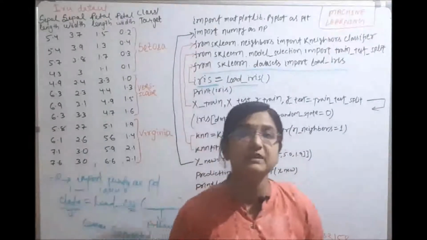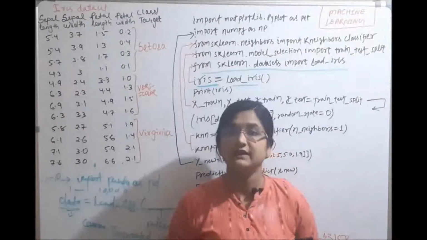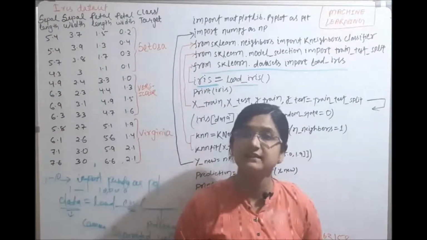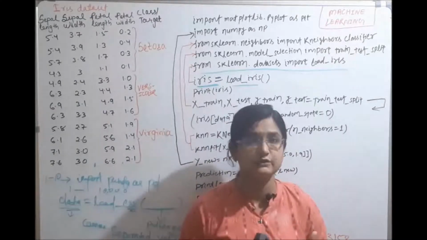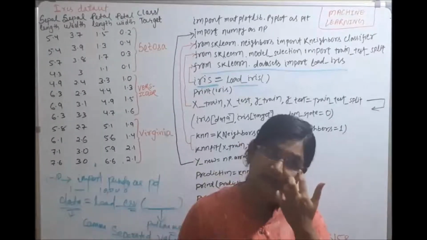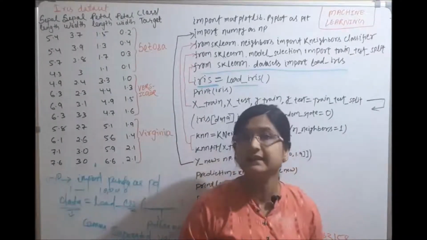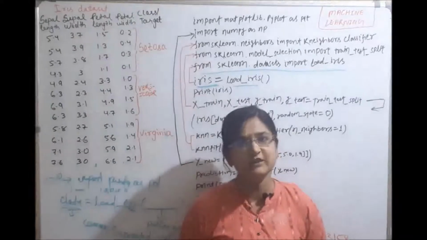So our next step is the training and testing phase. What do we do in the training and testing phase? We split the complete dataset into 2 parts. A larger percentage of data is kept for training, and a smaller percentage is kept for testing.